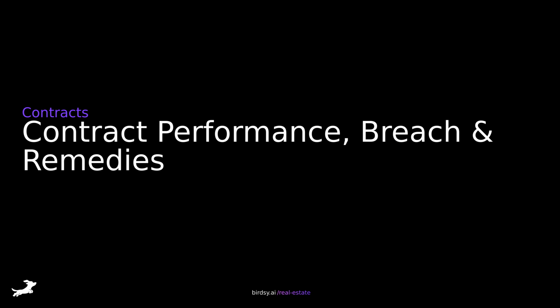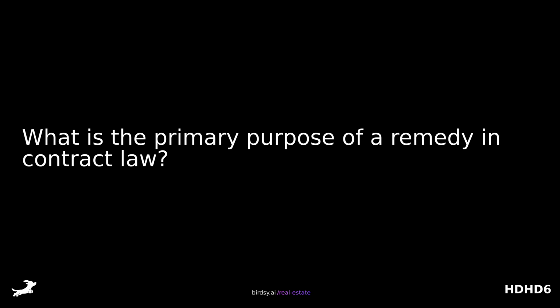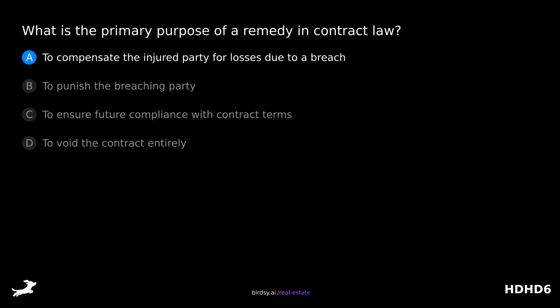Contract performance, breach, and remedies. What is the primary purpose of a remedy in contract law? Is it A, to compensate the injured party for losses due to a breach, B, to punish the breaching party, C, to ensure future compliance with contract terms, or D, to void the contract entirely?